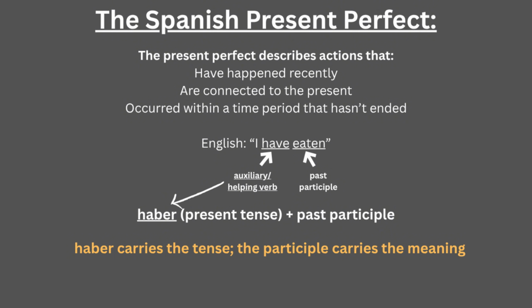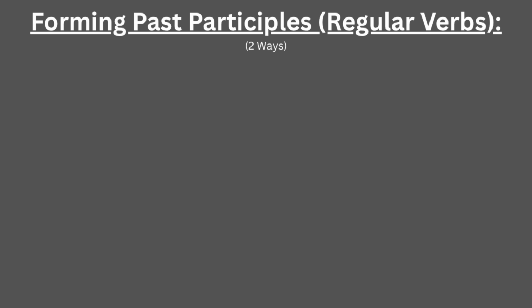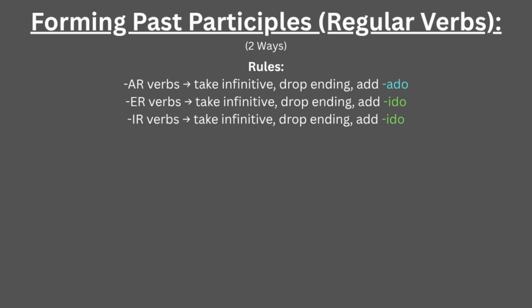However, before saying conjugations, we need to understand how to make past participles, which in Spanish have two forms. For ar verbs, take an infinitive, drop the ending ar, and add the ending ado. For er and ir verbs, take the infinitive, drop the endings er and ir, and add the ending ido.